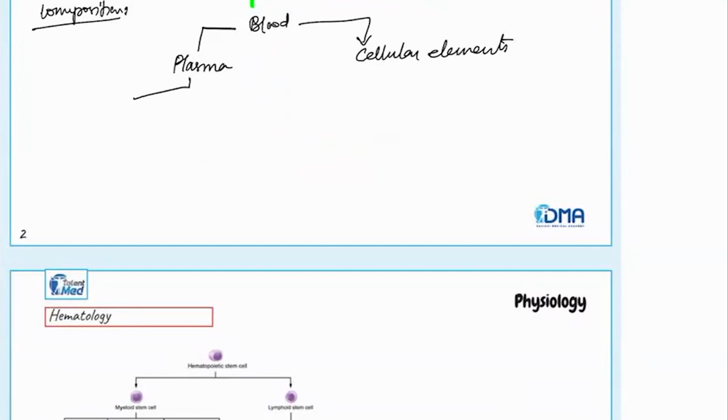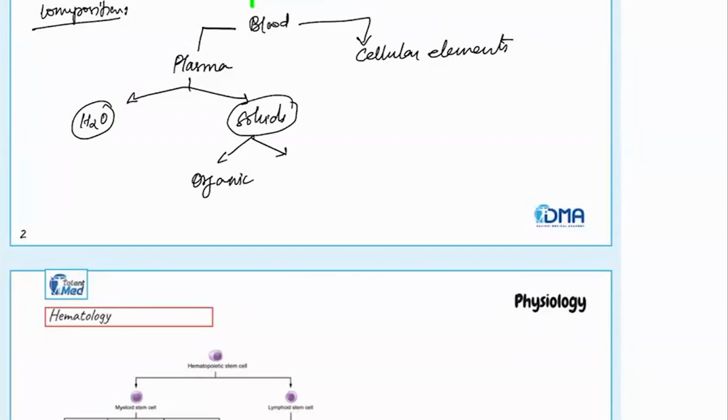This plasma will further contain water molecules and the solids. Okay, solids, you have the organic substances and inorganic substances. In the inorganic substances, it includes all the electrolytes: sodium, potassium, magnesium, calcium, and so on.